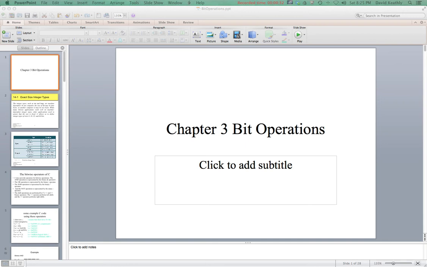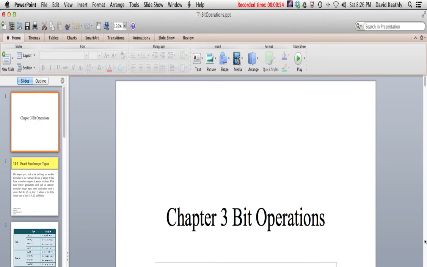In other words, we're dealing with single bits of a multi-bit value, or we may also be doing some sort of encryption or decryption, or some very sophisticated math where we need to manipulate things in sizes that aren't the normal sizes. So we'll see some examples of these as we go through these topics.